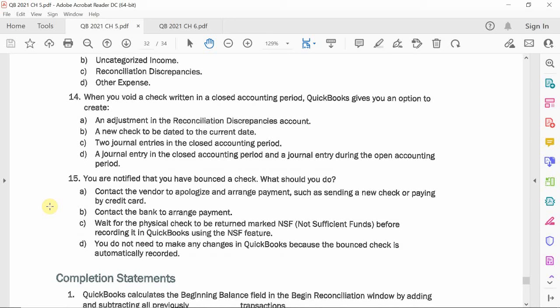A. Letter A is correct. Okay, you're either going to contact the vendor and discuss whatever discrepancy you have. If you wrote the bounced check, you have to talk to the vendor to discuss what you can do with the payments and so on and so forth.